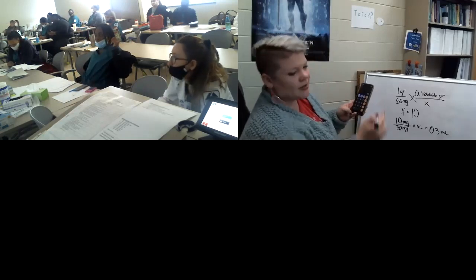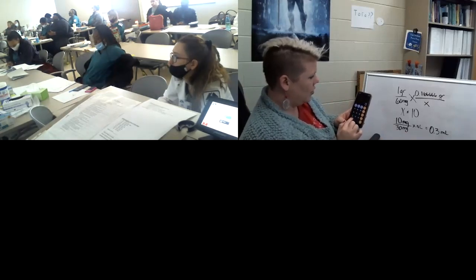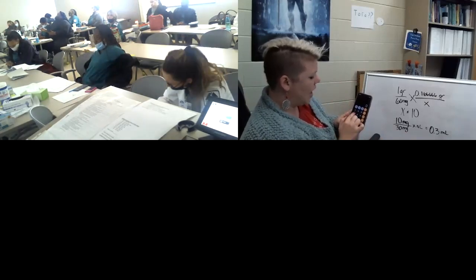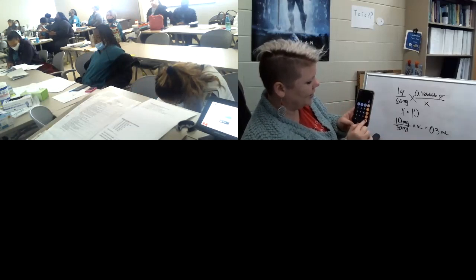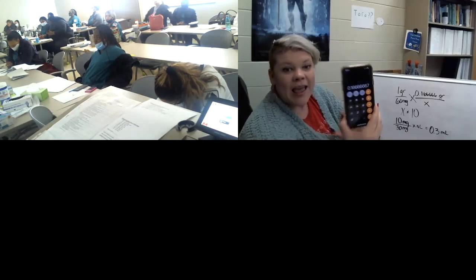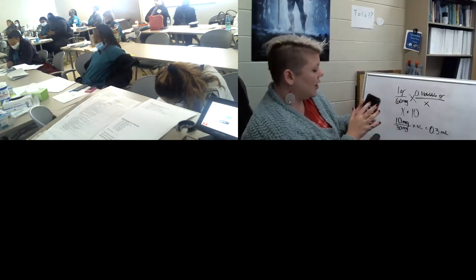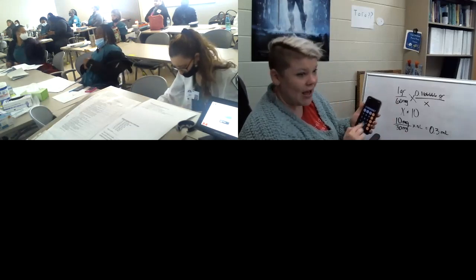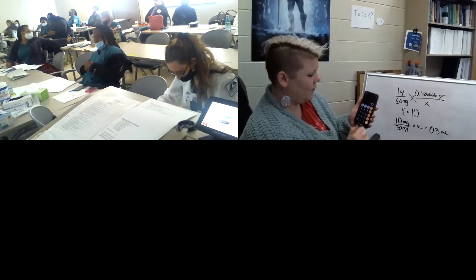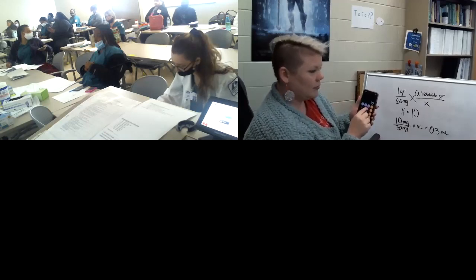So basically, look, in my calculator, I do 1 divided by 6. So that's how much is in my calculator, and I leave it alone. Then I times that by 60, and that makes it 10 milligrams.